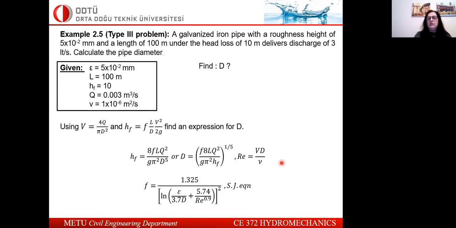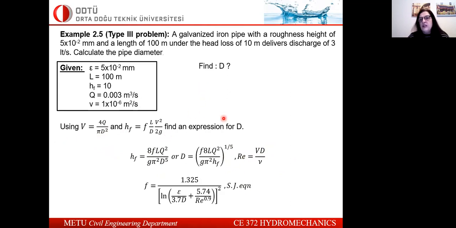So it is up to you. If you do not want to recalculate velocity at every step, you can directly get rid of that velocity simply by writing it as Q over A at the very beginning. And if you do so, the Reynolds equation becomes 3819.7 divided by the diameter, a relation of Reynolds in terms of diameter only.